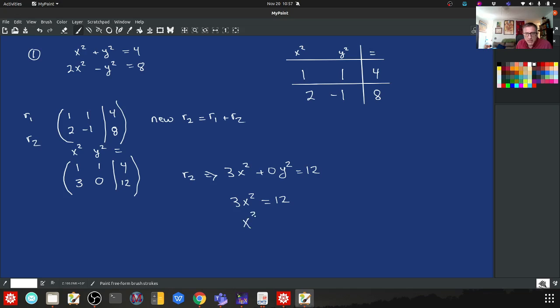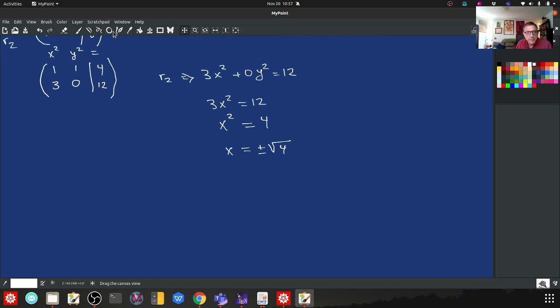And that's going to give me x squared is 4, since 12 divided by 3 is 4. And now let's use the principle of square root. That means x is equal to plus or minus the square root of 4, which implies x is equal to 2 or minus 2.